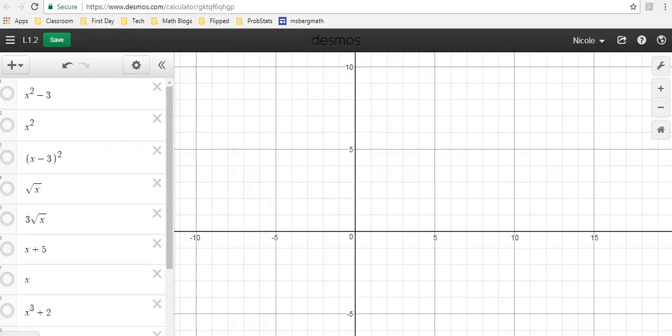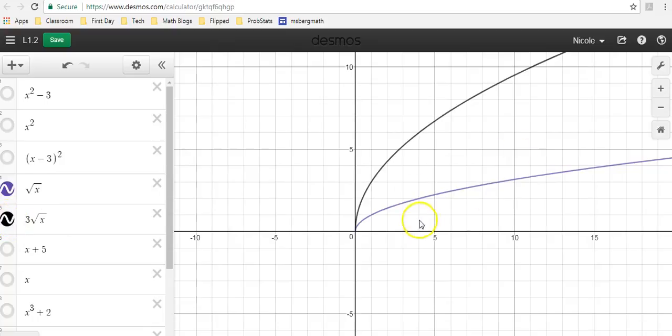is 3 times the square root of x. I'm going to graph my parent function here, and then I'm going to graph my transformed function, 3 times the square root of x. And so what is happening here? If you look at the key points here, like (1, 1) or (4, 2), it's getting bigger.